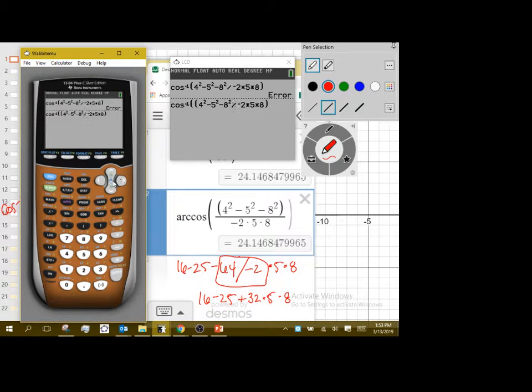I need my numerator to be evaluated first, and I'll store that negative 73. I then need to tell my calculator to evaluate the denominator second, store that as negative 80, and now that is one object, with order of operations saying we're dividing all of this stuff by all of that stuff. Hit enter, and that's where I get my 24 degrees.